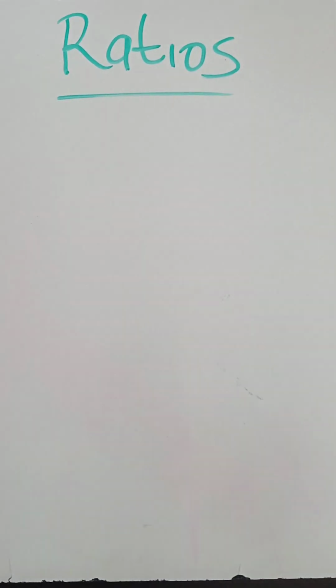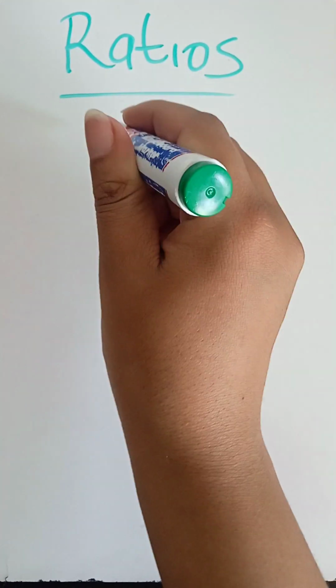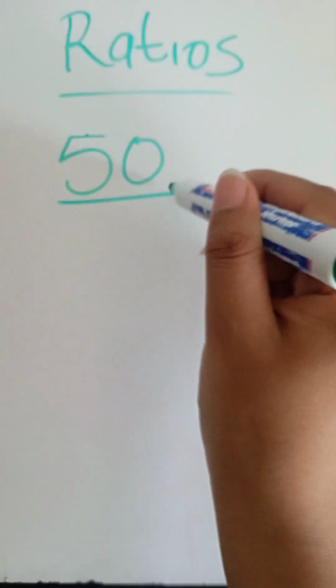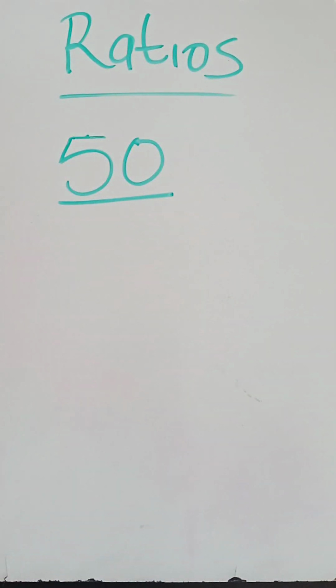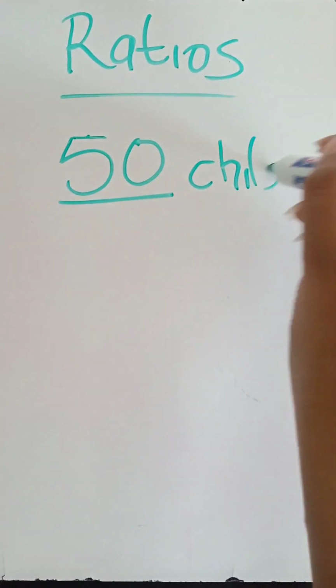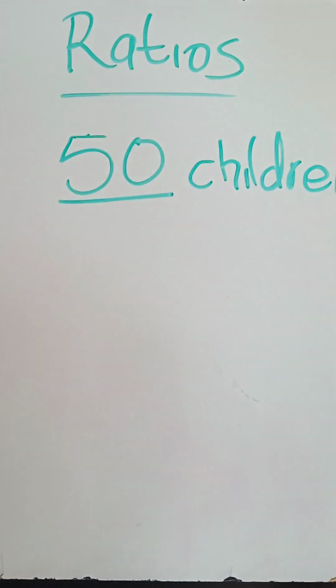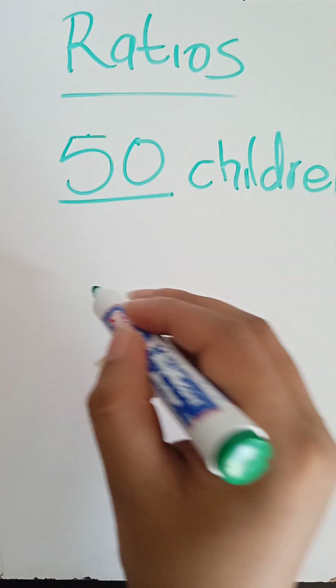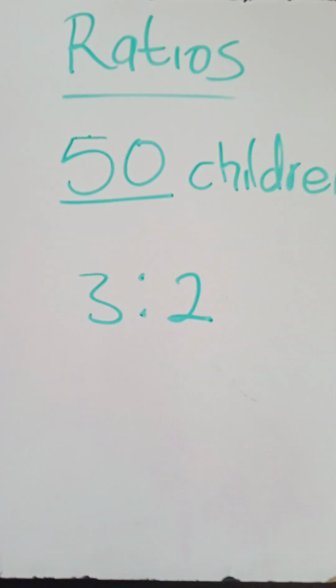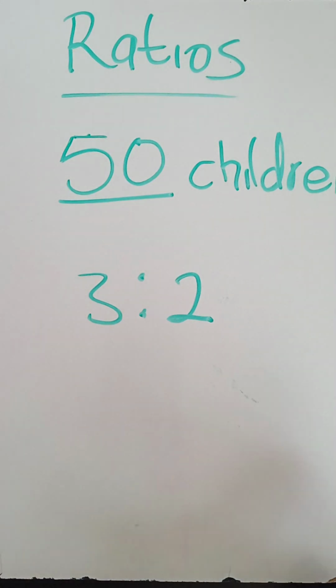Now, let's say, for instance, there are 50 children in grade 2. You have the ratio of 3 is to 2.